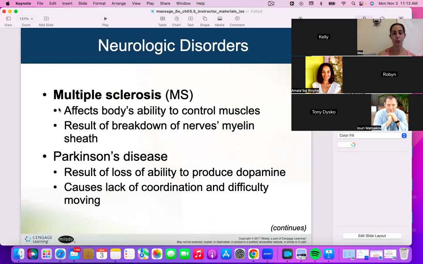Okay, so multiple sclerosis affects the body's ability to control the muscle. And it progresses, so as the disease progresses, it gets worse. It's a degenerative nerve disease. The population affected is between the ages of 20 and 50, young adults. What causes MS is the breakdown of the myelin sheath.